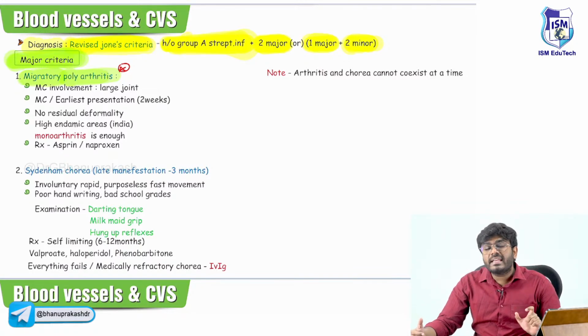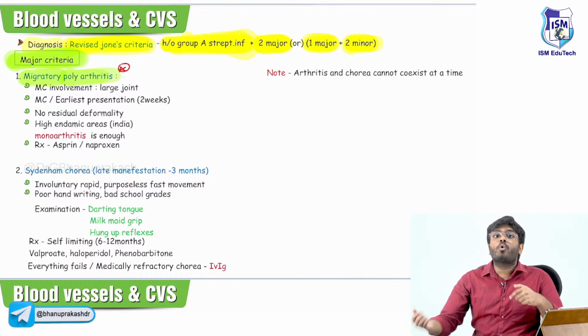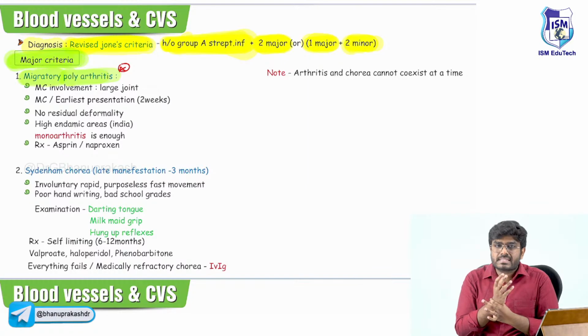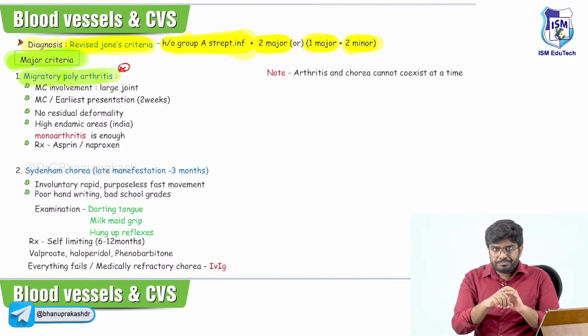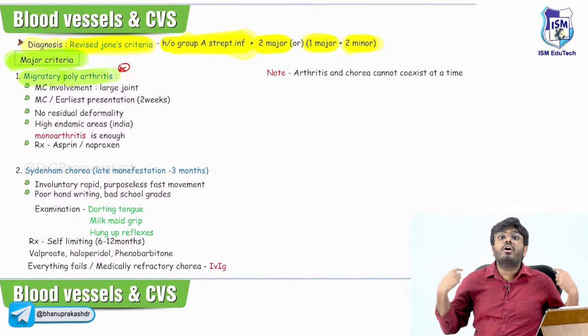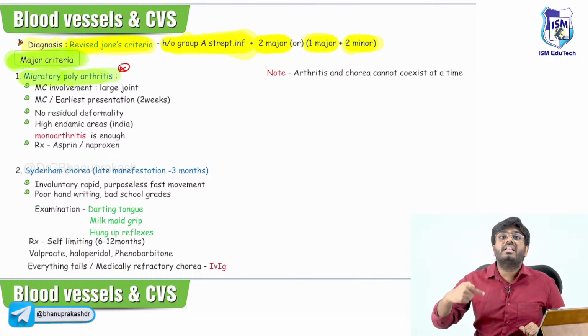Which joints are getting affected? Large joints, not the small joints. This is not rheumatoid arthritis; rheumatoid is different. Rheumatoid means the proximal and distal interphalangeal joints are involved. Now I am talking about large joint involvement, and that too migratory.